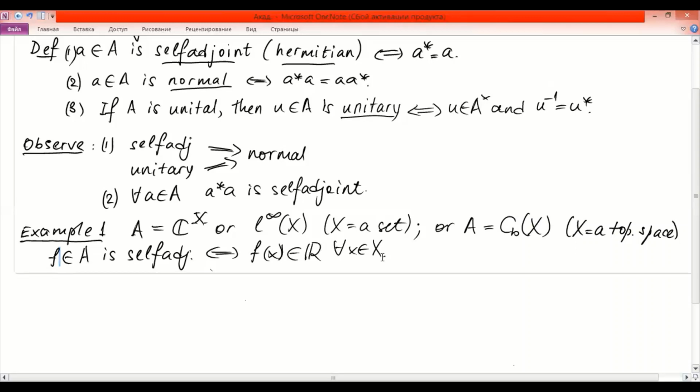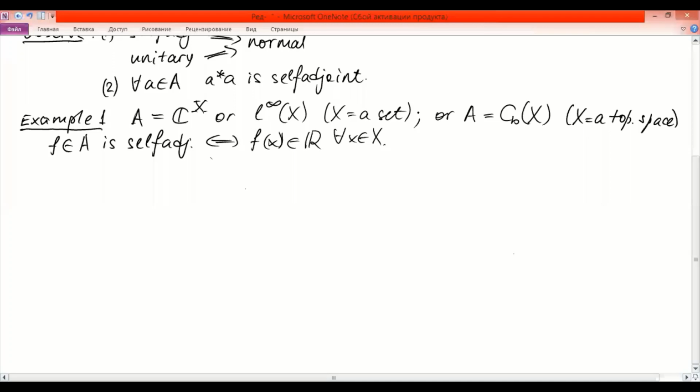Okay, let's continue. So it's also clear from the definition that a function f in our algebra is a unitary element if and only if the modulus of f of x is 1 for each x.